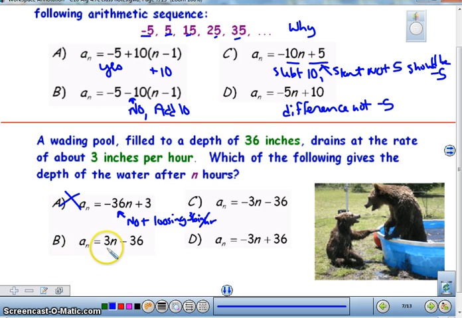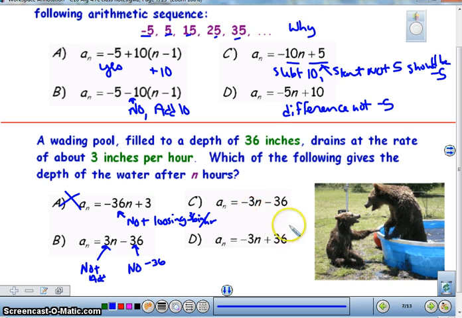How about B? 3n minus 36. This is saying we started at -36. We do not start at minus 36, or not having 36. The other thing is, we are not adding 3 inches each time. We're subtracting it.